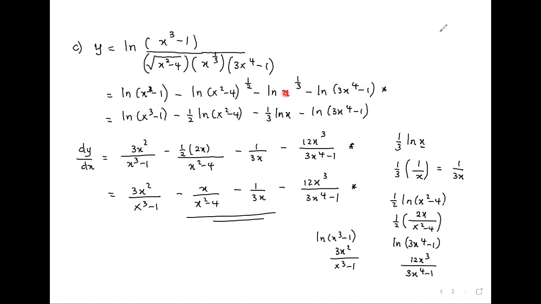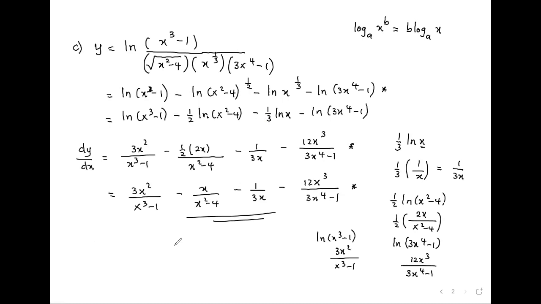That law which says that if there's a power for ln, you can drop the power and it becomes the coefficient. You remember that law? You're supposed to remember it. Else, log a of x to the power b is the same as b log a x. That's the one I'm using here to drop the power.